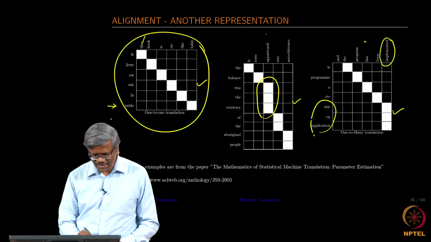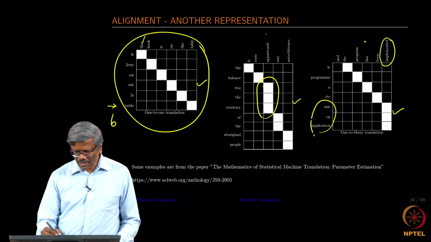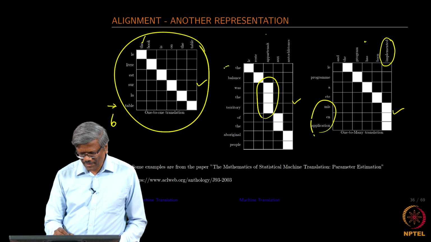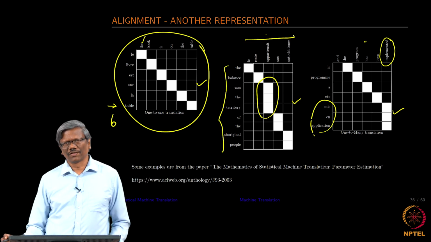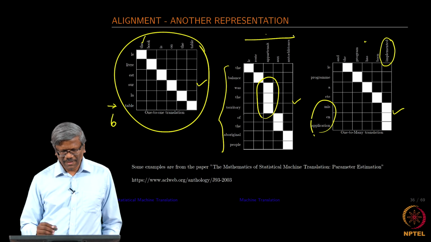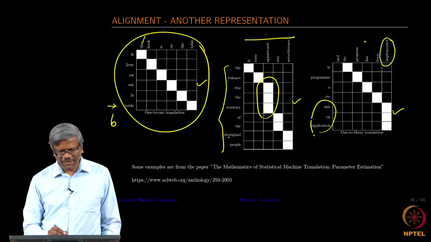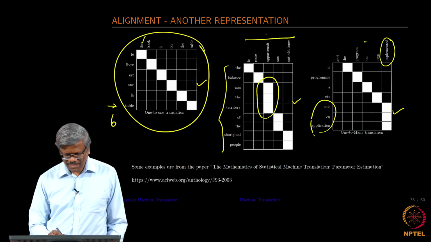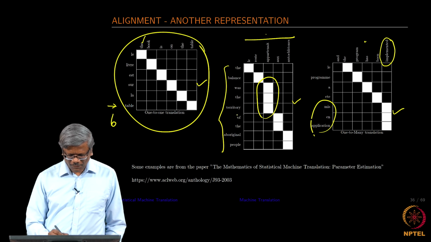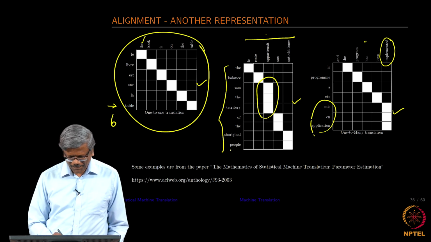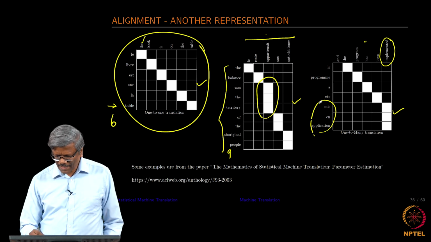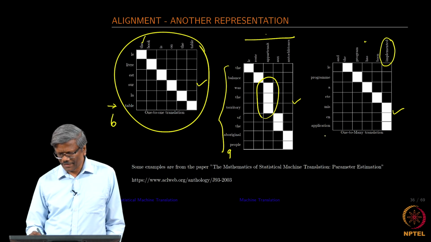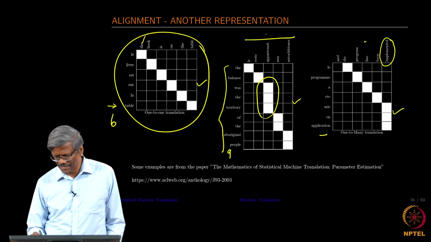Here there are 6 words; this is the English on the left side, and you have French on the top columns. Here the translation is the other way, so we need to condition this alignment with respect to the number of English words, which is 1, 2, 3, 4, 5, 6, 7, 8 and 9, correct. In this case again we need to condition the alignment with respect to the number of French words, which is 7 here.